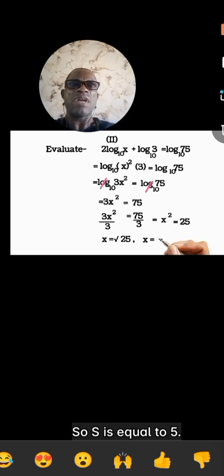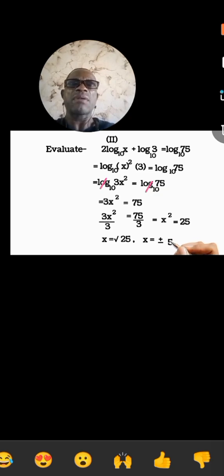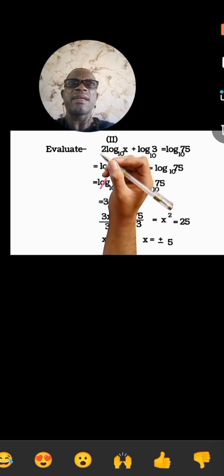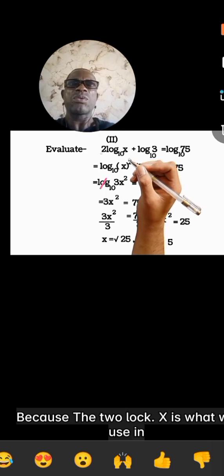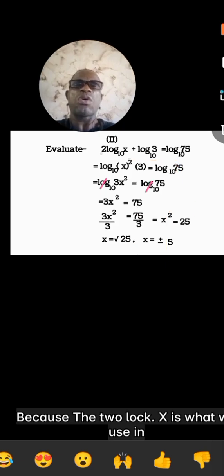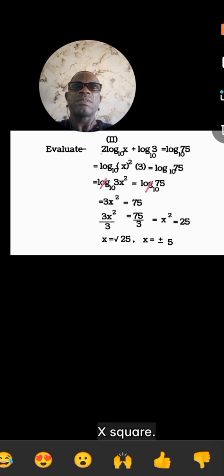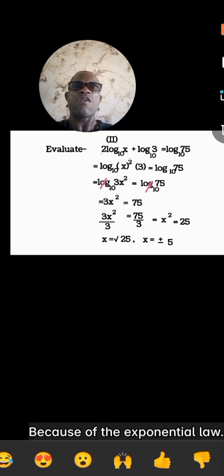So x is equal to 5, because a logarithm cannot have a negative argument. So the 2 log x is the one we turn into x squared because of the exponent law.